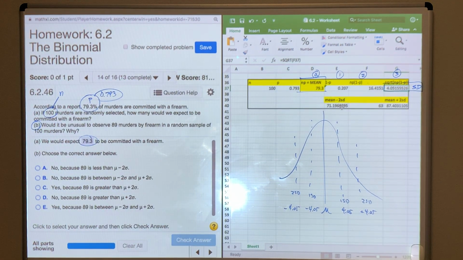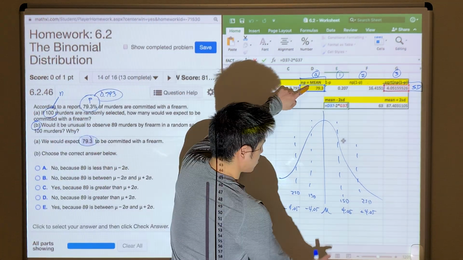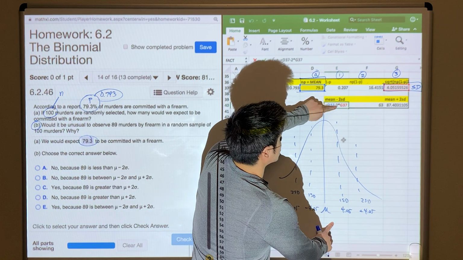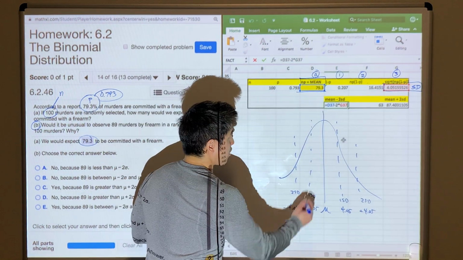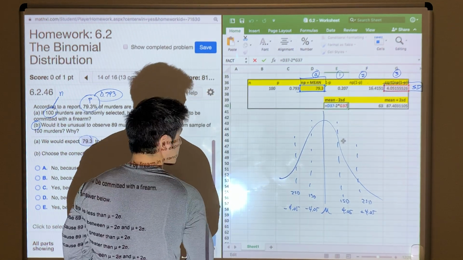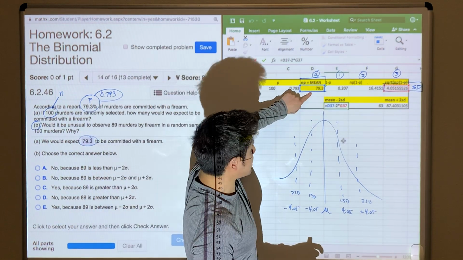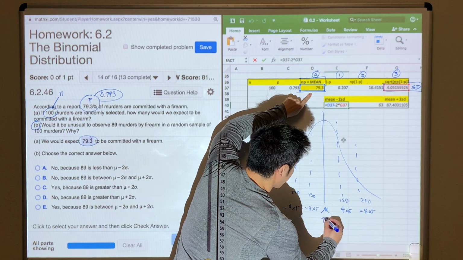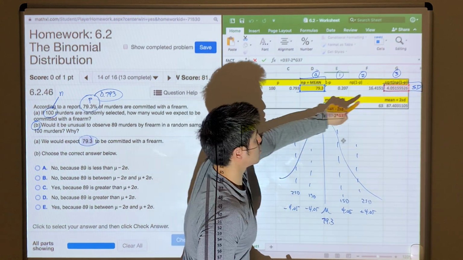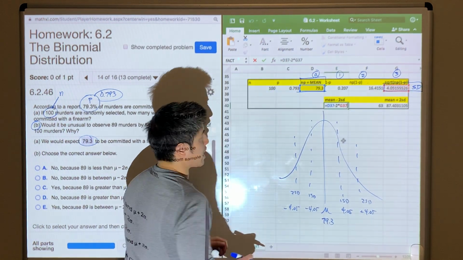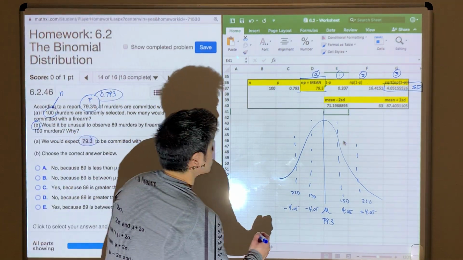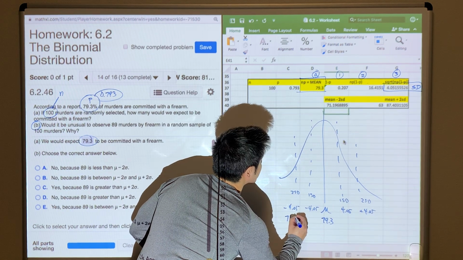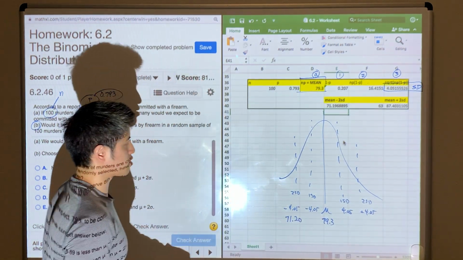What is this value? It is my mean minus 2 standard deviations. So that value here is my mean, 79.3, minus 2 of these, which takes me down to 71.20 if I round to 2 decimal places.